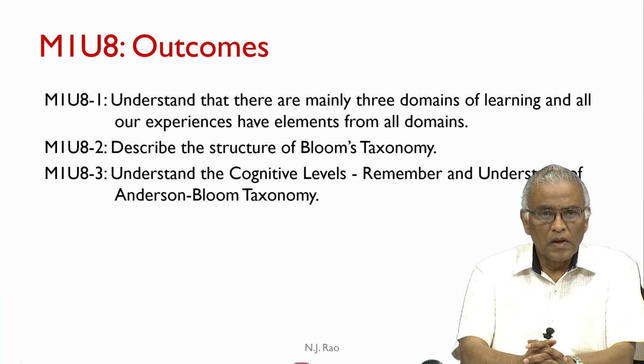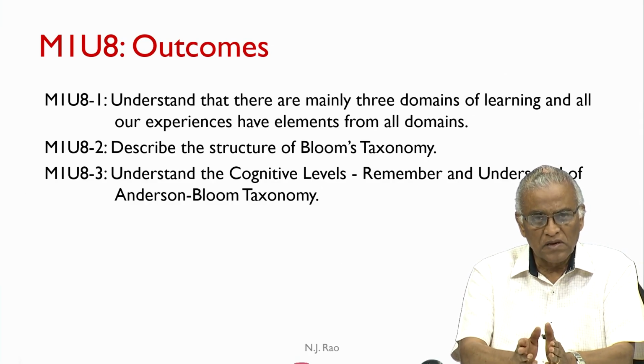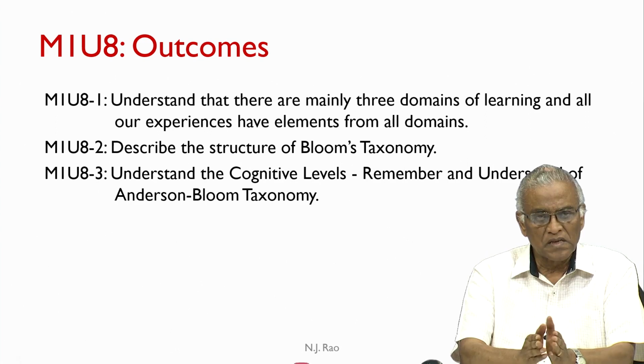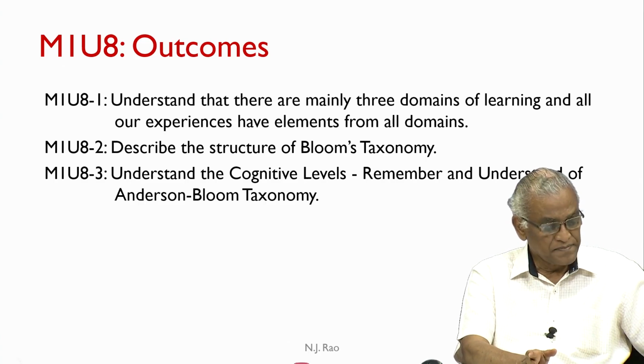Okay. And then we describe the structure of Bloom's taxonomy. It is one particular taxonomy of learning outcomes, and understand the cognitive levels, especially the remember and understand of Anderson-Bloom taxonomy. These are the expected outcomes of this unit.